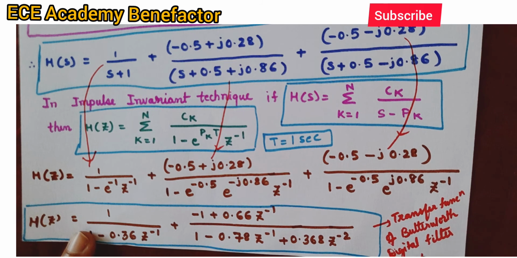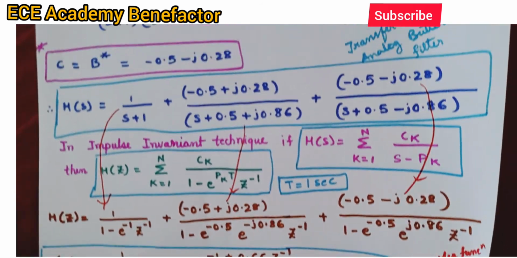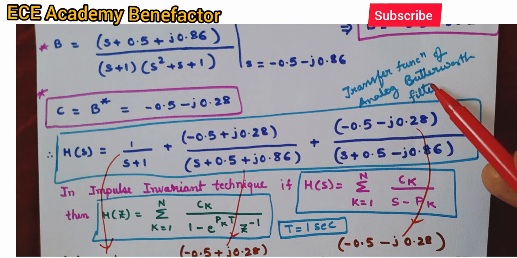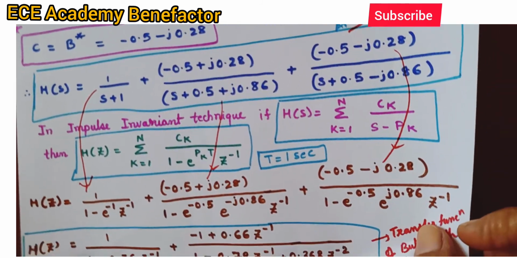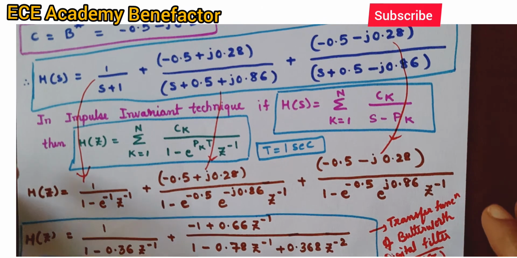So we found h of z. Okay. So what are the two necessary steps? First, find the transfer function of the analog Butterworth filter. First find the analog filter, and then apply the transformation technique and find the digital filter transfer function h of z.